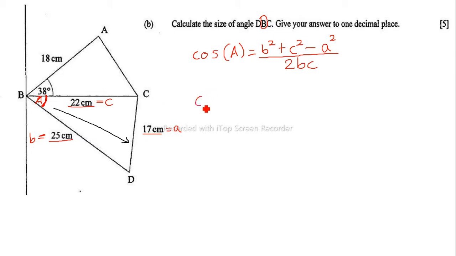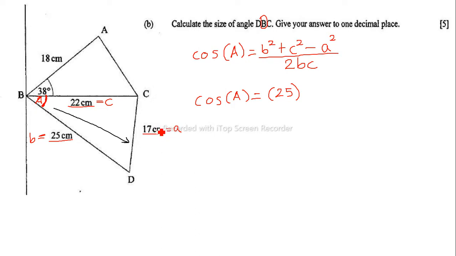So this is going to be cos of capital A equal to B squared, so B is going to be 25 squared. There is a rule that you have to follow for this missing angle. This A has to correspond with this side, so 17 has to be A. A cannot be anything else but 17.